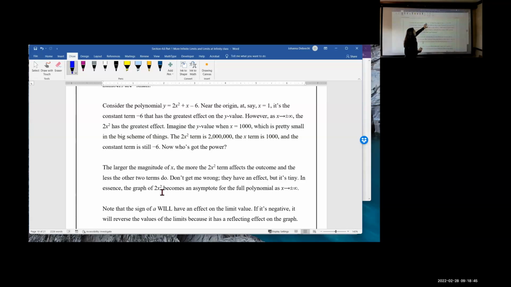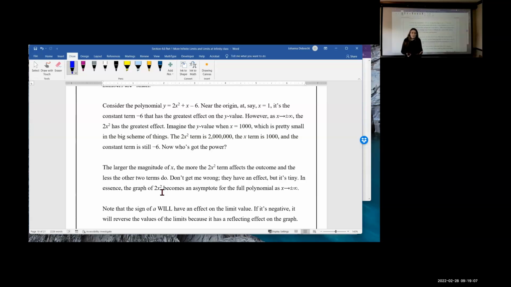If I take 1,000 and square it, I double the number of zeros, so I get a million. A million times 2 is 2 million. So the first term becomes 2 million. The second term is still 1,000, and the constant term is negative 6.